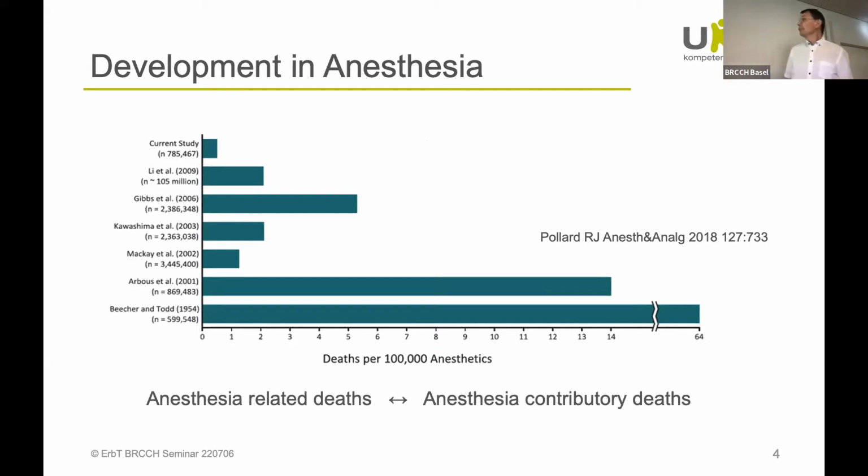As you see here on this cartoon, Beecher and Todd came up with the first big study looking into anesthesia-related deaths. And they concluded that there was a number of 64 patients that died when undergoing anesthesia.